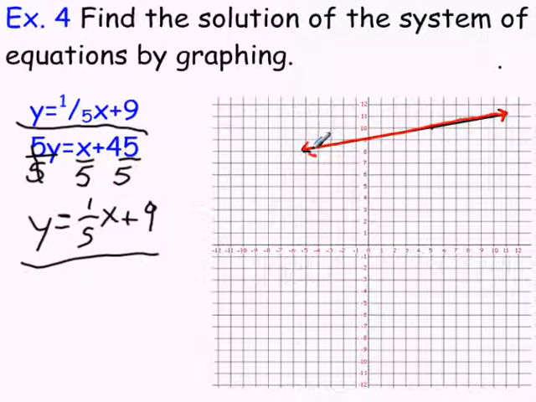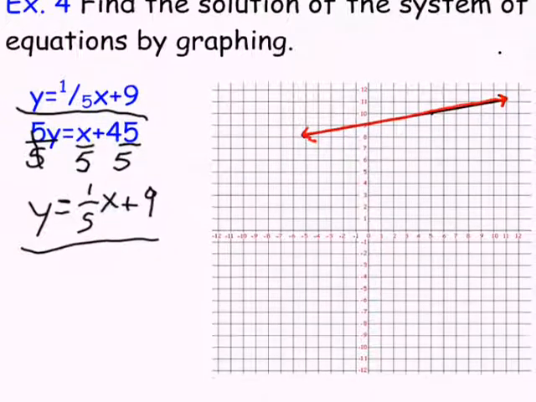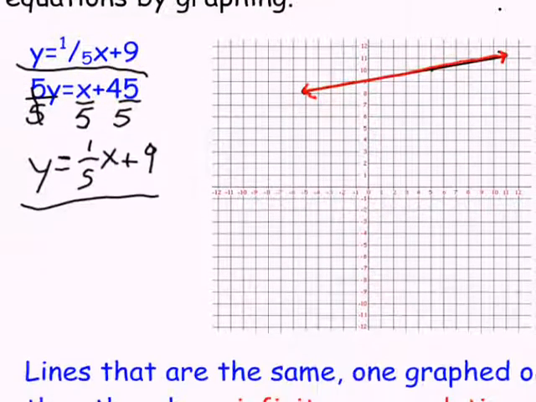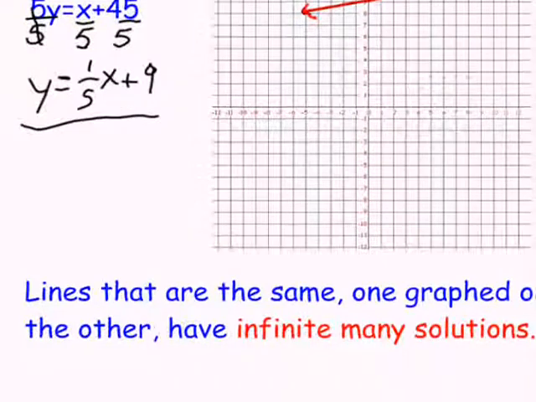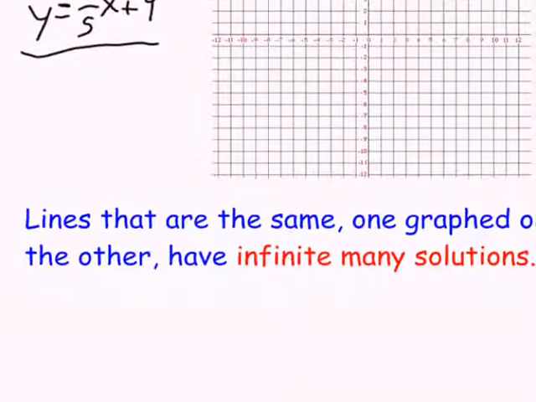So, remember our definition of a solution. A solution is where they intersect, or where they touch. These two lines touch everywhere. So they have what is known as infinitely many solutions.